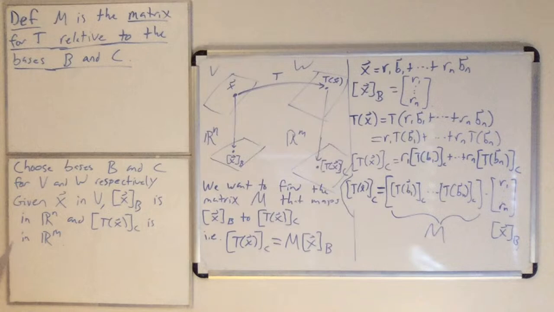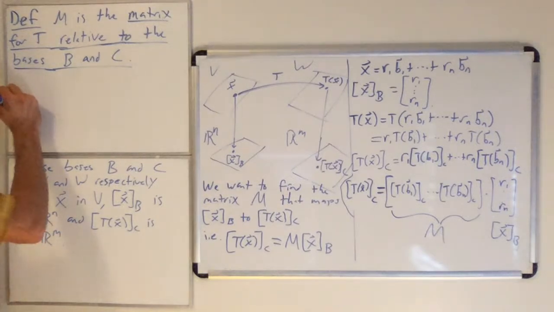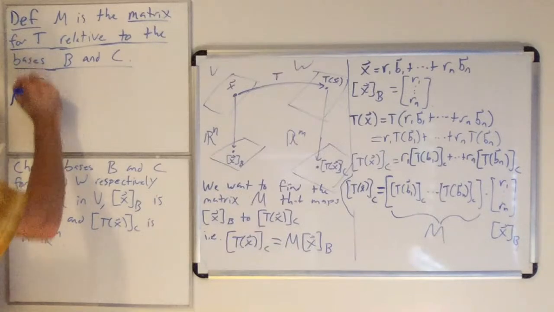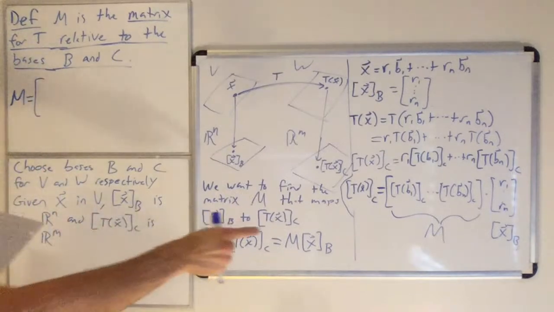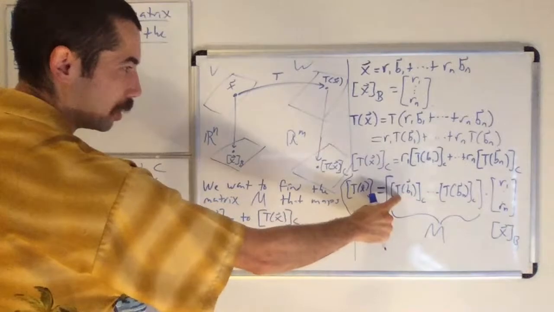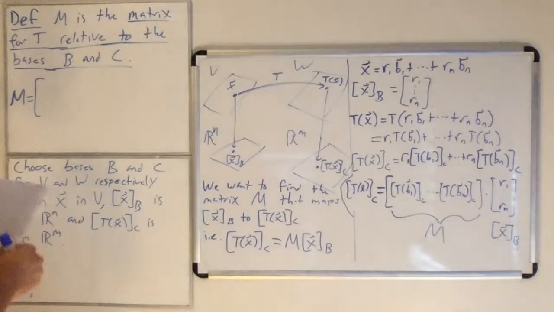Okay, and the way we get M, it's a matrix whose columns are the C coordinates of the images of the basis vectors.